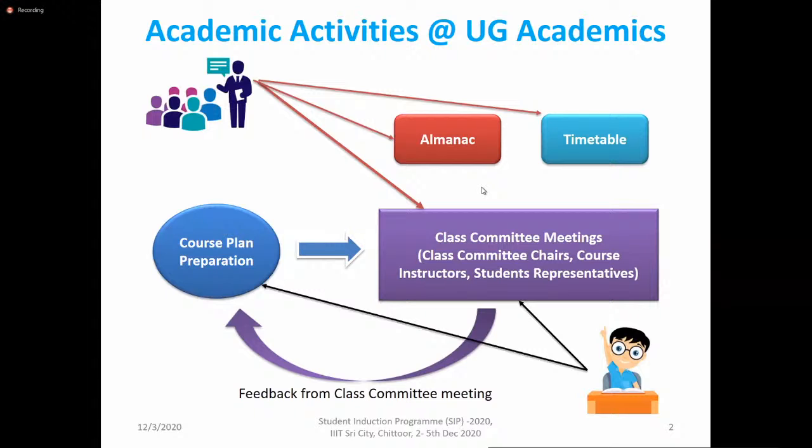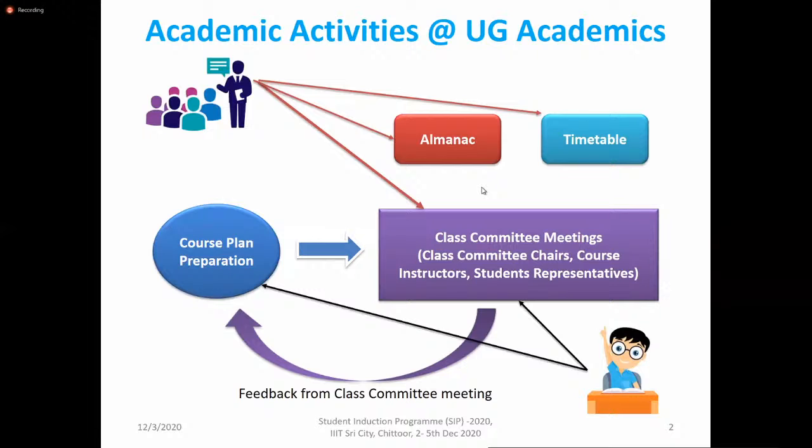You will see a class committee chair, who will organize, conduct and coordinate among all the faculties teaching that particular UG1, UG2, UG3 or UG4, and you will also call the student representatives and the faculty who are teaching that course. All will be part of the class committee meeting, where this course plan will be discussed.